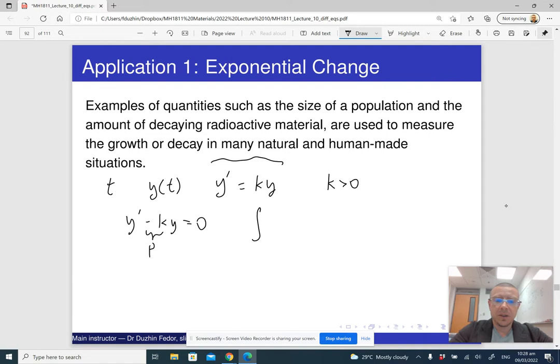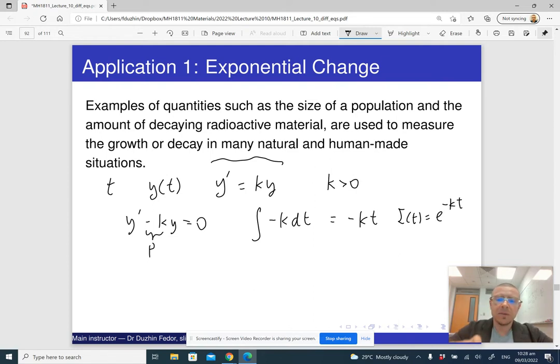So the first thing is to integrate minus k with respect to, here the independent variable is t, right? So minus k dt, and this is going to be just, of course, minus kt. So the integrating factor is e raised to this power. So the integrating factor I of t is e raised to the power minus kt.